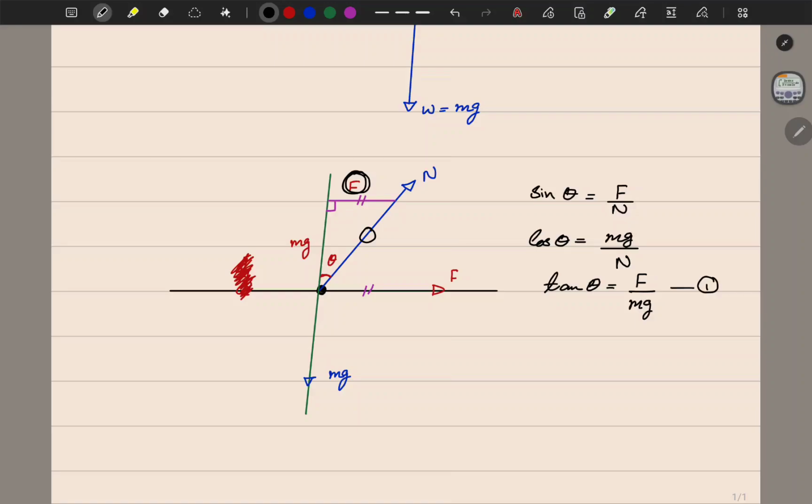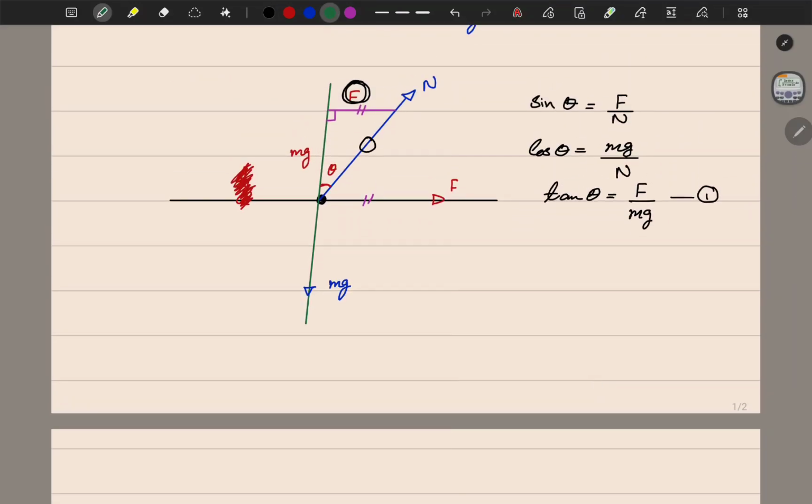And from this tan theta here, we can deduce that the centripetal force F is going to equal mg multiplied by tan theta. So the centripetal force equals the weight of the body multiplied by the tangent of the banking angle or the tilting angle.